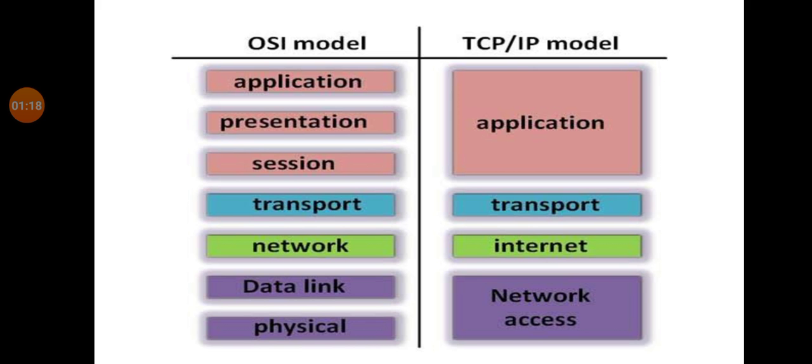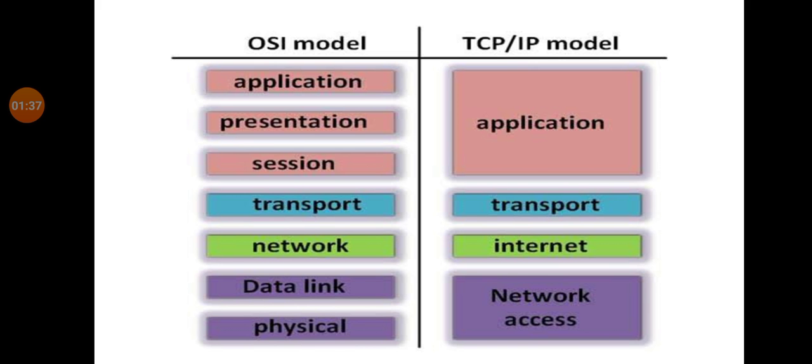It is almost similar in both models, in OSI also and TCP/IP also. Then the next layer is network. The network layer of the OSI model does the same work in TCP/IP also, but we term it the internet layer.